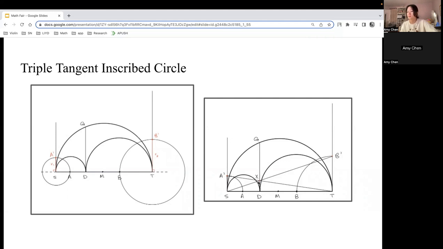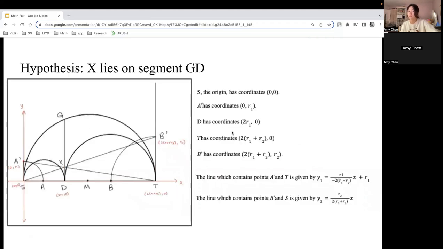The first thing I noticed was that according to my diagram, point X, which is the intersection, lies on axis GD. So this became the hypothesis that X lies on segment GD. To prove this hypothesis, let us introduce a coordinate system, shown here, with the origin at S. Our strategy will be to determine the intersection point of segments A prime T and B prime S with coordinate geometry, then show that this point lies on line GD.